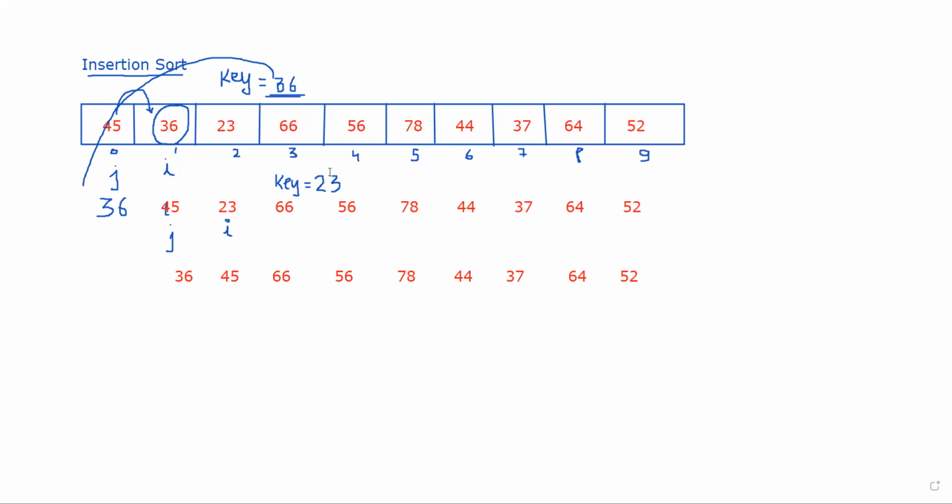And then this last value 23, we are going to shift over here, so 23 will come over here. Now you can see we are sorting the values. You can see these three values are arranged in the proper manner.